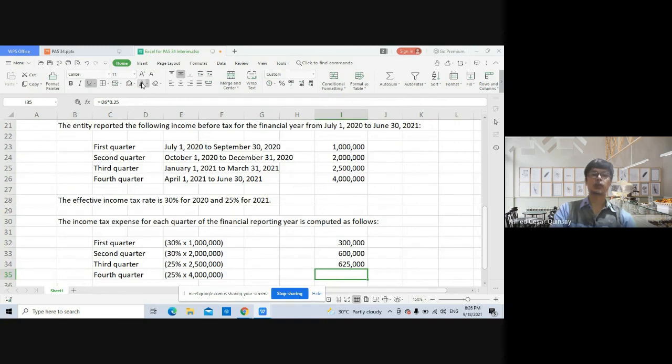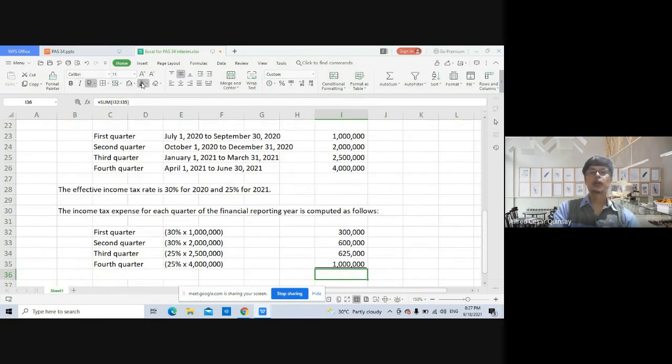That would be 1 million pesos. So you get the total income tax expense for the year, which is 2,525,000.